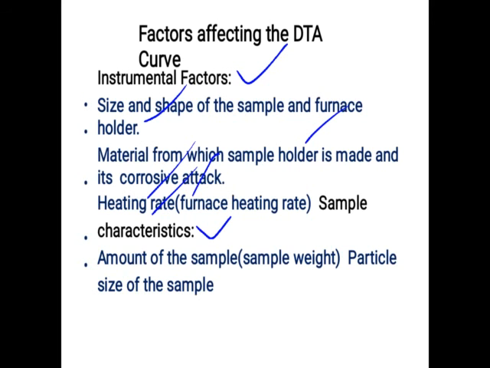In the case of sample characteristics, the amount of sample used, its weight, and the particle size of the sample. So these are some factors which affect the differential thermal analysis curve.